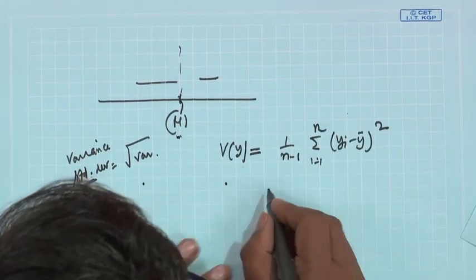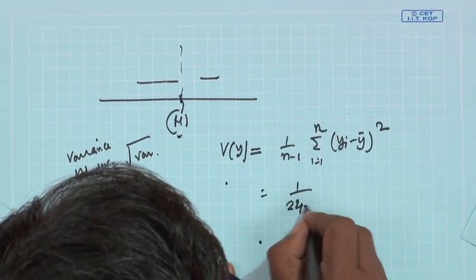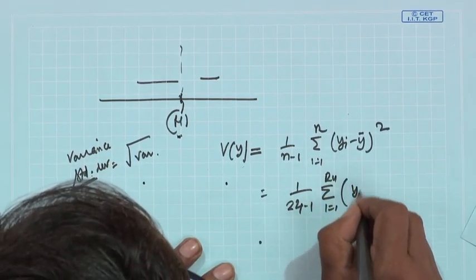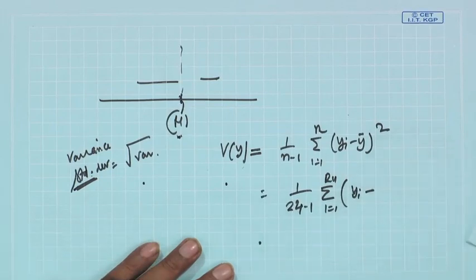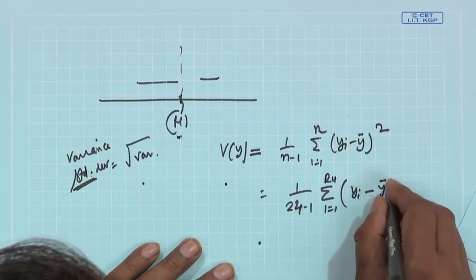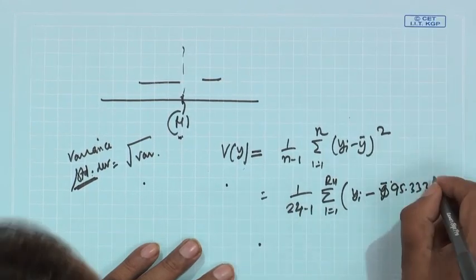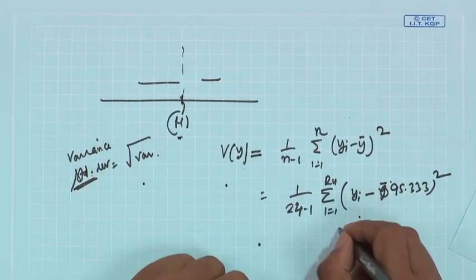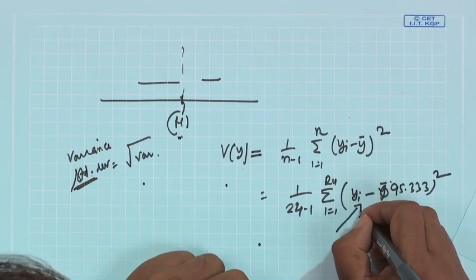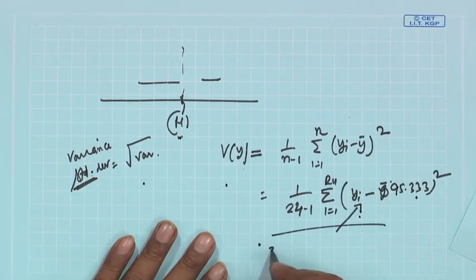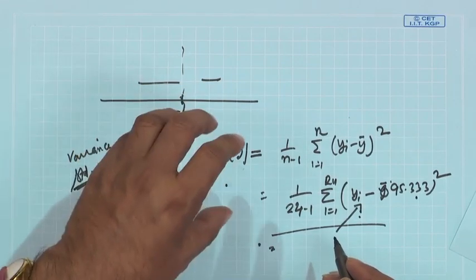In our example, n is 24, so 24 minus 1, i equal to 1 to 24. The y_i values are known, and the y bar value we computed, I think, is 95.333. So, you put all the 24 observed values here, subtract the mean, square, and what you get will be your variance.